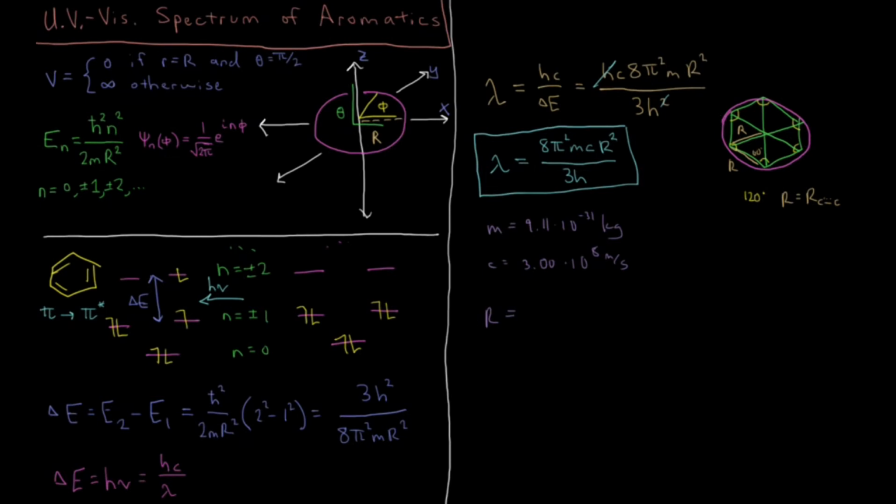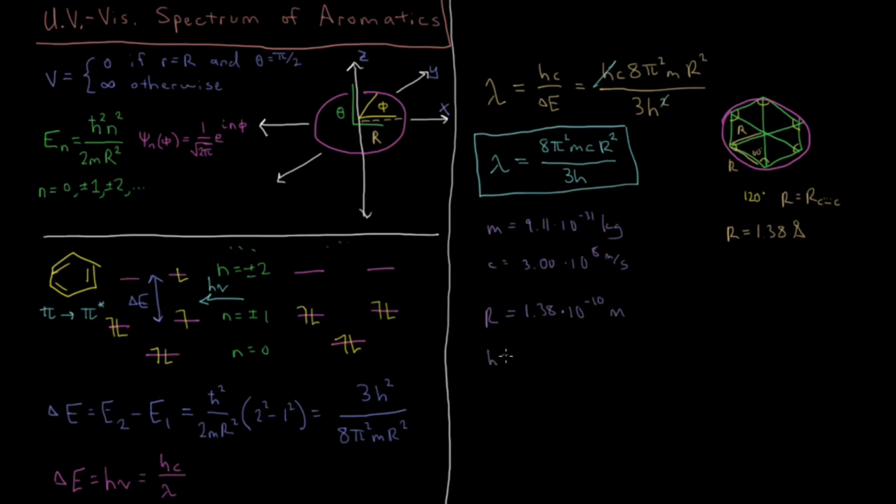And the typical carbon-carbon bond length in aromatics like benzene is going to be 1.38 angstroms. So if we substitute that in, that would be 1.38 times 10 to the minus 10th meters, because an angstrom is 10 to the minus 10th meters.